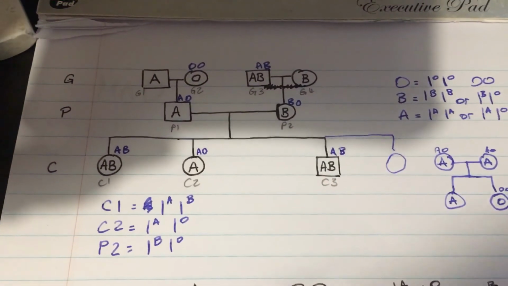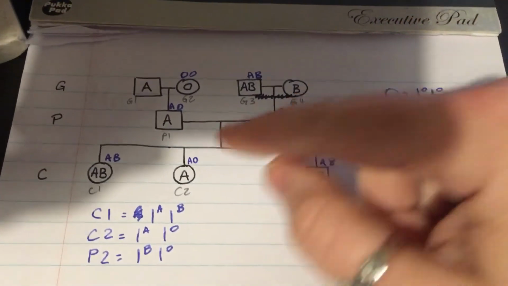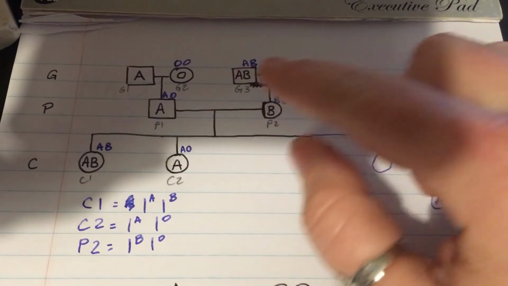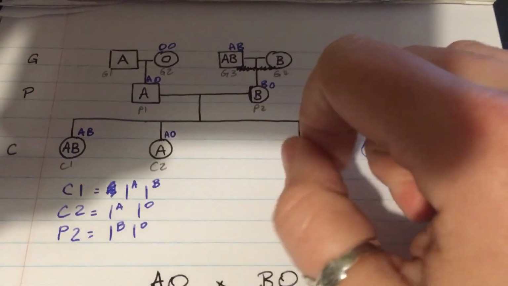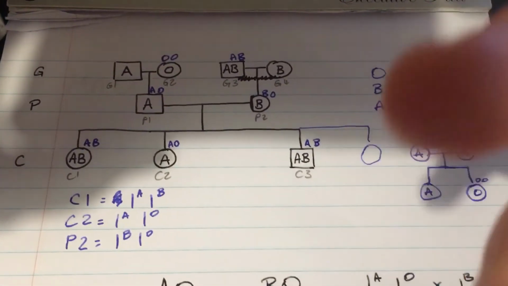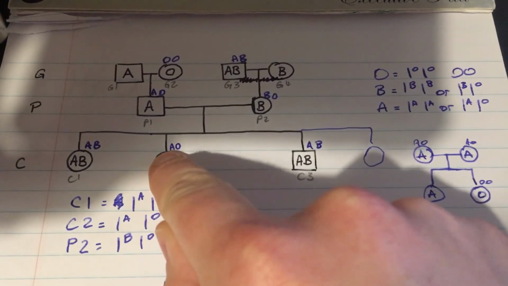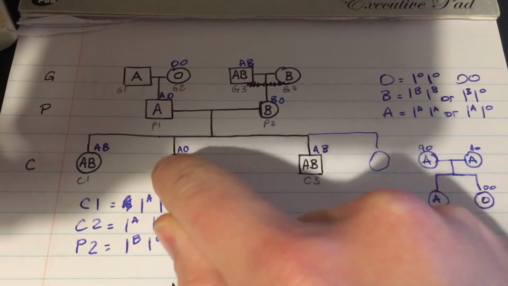And then as long as you keep thinking of the fact that each person is going to get one allele from each parent, you can think about whether it's possible to get, like, genotype AA, or genotype AO, for example.